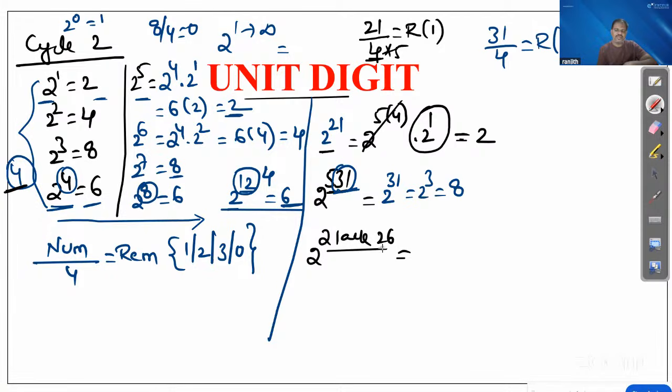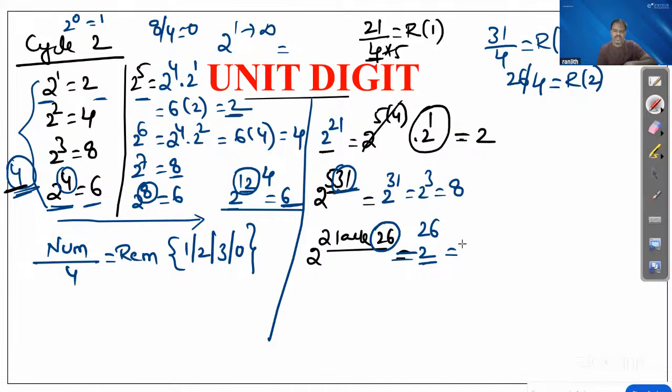Next, 2 power 2,026. Out of 2,026, the last 2 digits are 26. So we can write 2 power 26. After 4 steps we have the repetition. When we divide 26 by 4, the remainder is 2.